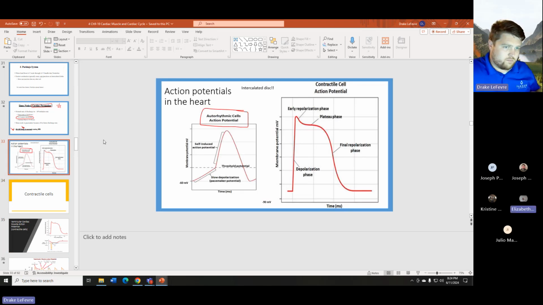So with that, this may be thinking a little too far ahead, but if we don't get that plateau phase, is that where you get AFib and VFib from? You can get AFib and VFib, but it's typically not due to the contractile portion.